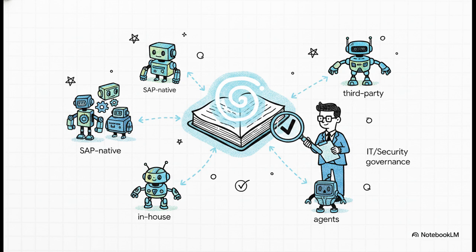It manages the full lifecycle of every AI agent. And here's the best part. It absolutely does not matter if an agent was built natively by SAP, custom-coded by your in-house team, or bought off the shelf from a third party. It all gets logged right here. This gives your IT and security teams total visibility. No shadow AI is sneaking onto the enterprise stage on their watch.